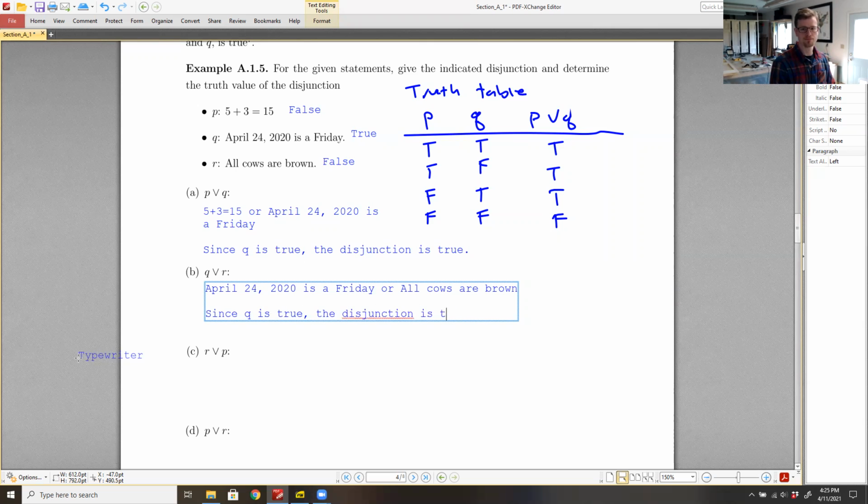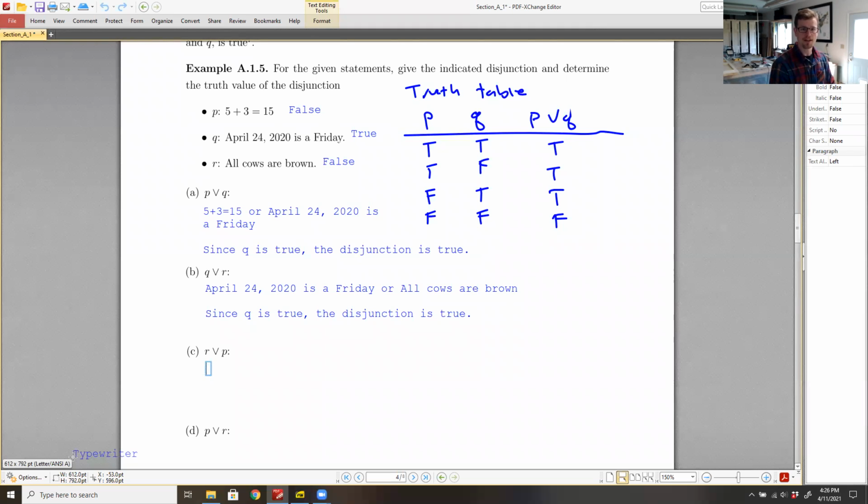Excellent. All right, now what about R and P? Sorry, R or P. The disjunction of R and P is R or P. There we go.